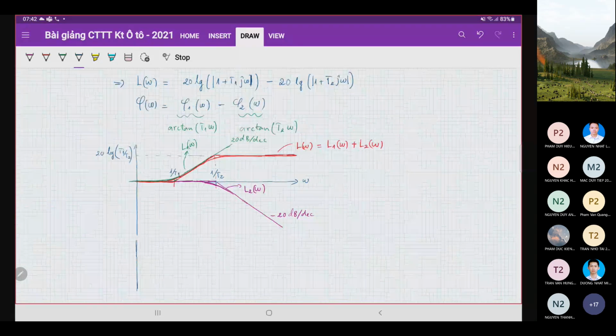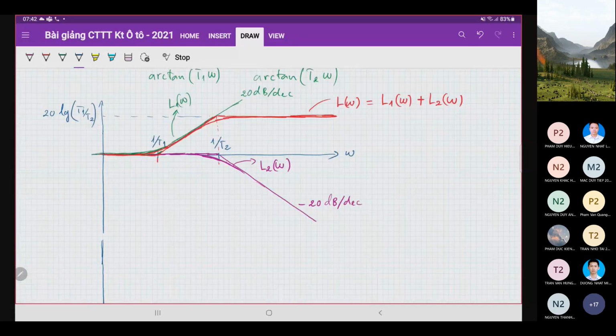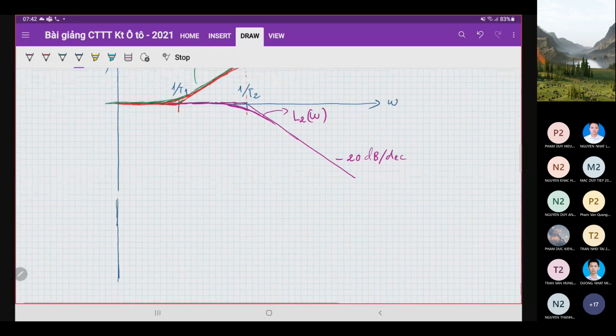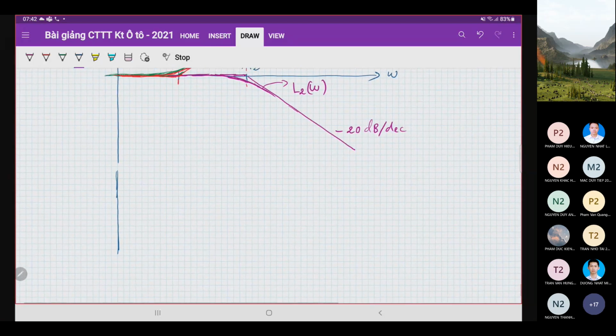And the phase diagram will be very interesting. You will see here the same as the first one, the previous example. Then we have here, for example, minus pi over 2.